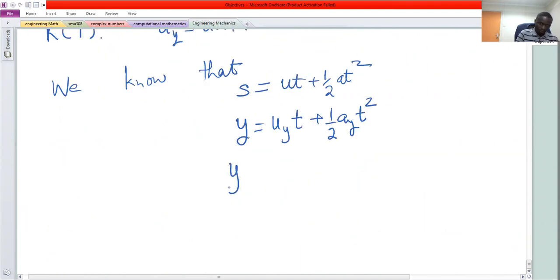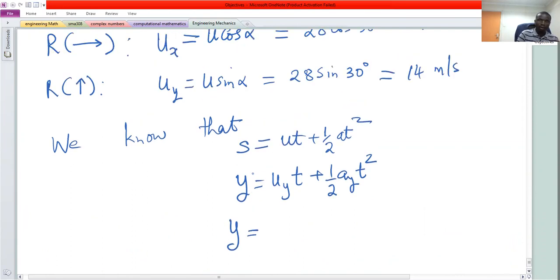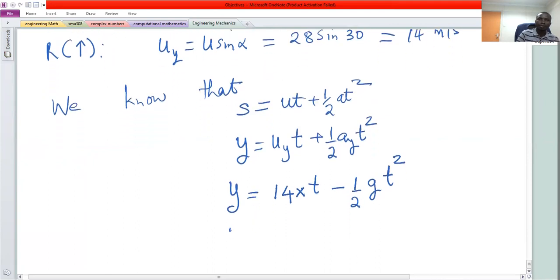So we'll have y equals our uy, we have gotten the answer to be 14, times time t, and then minus a half g t squared. So which will be y equals 14t minus a half, and then the value of g is 9.8, times t squared.